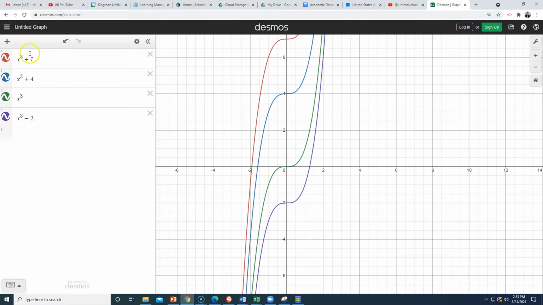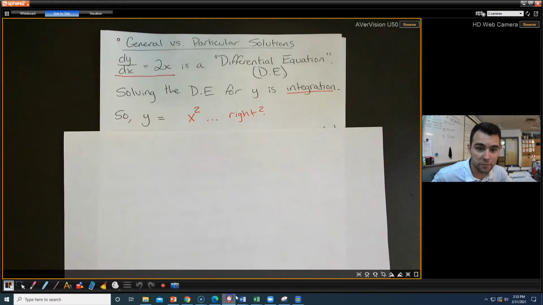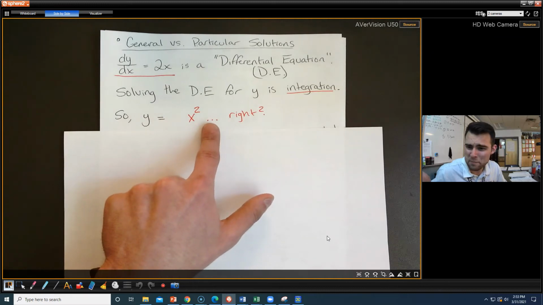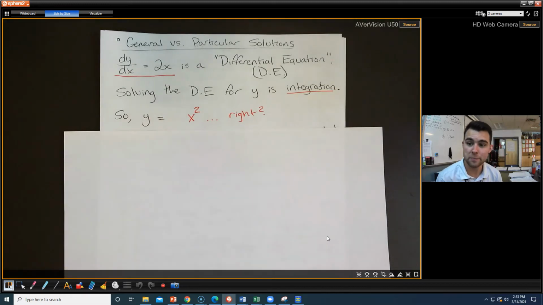If I took the derivative of all of these, well, that would give me 3x squared, wouldn't it? Okay. Here's the thing. I don't know what that constant is when I do my integral, right? When I do integration, that's kind of a problem. That means I'm getting y equals x squared plus something or minus something. I don't know what that something is. It could really be anything.